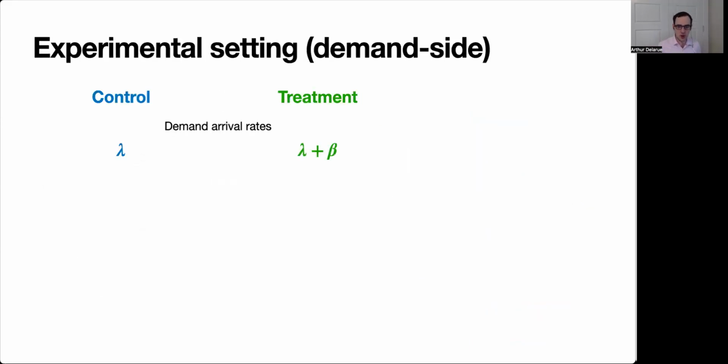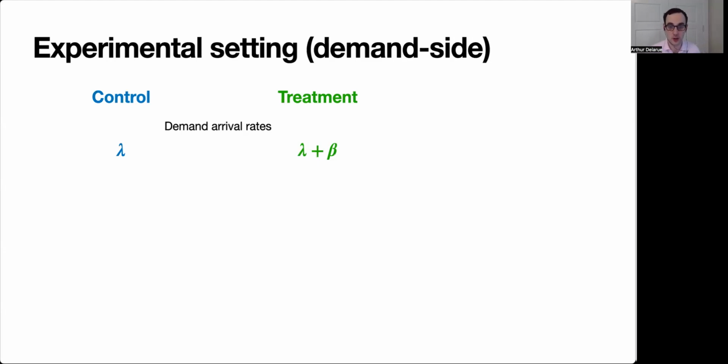So what does our experimental setting look like? We're trying to debias experimental estimators. We're going to assume that our experimental setting is entirely demand side. Without loss of generality, you could do this on the supply side as well. Under control, our demand types each arrive at rate lambda_i, and treatment gives us a boost in demand arrival rate.